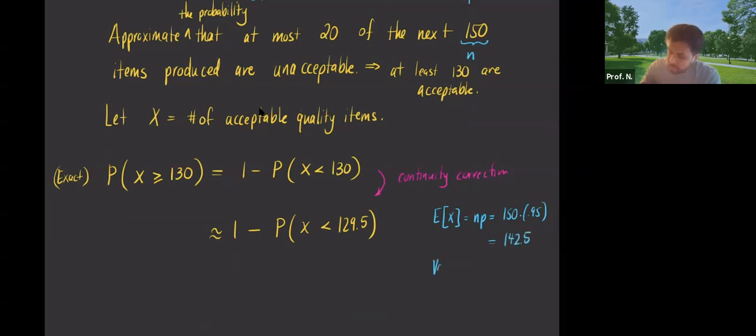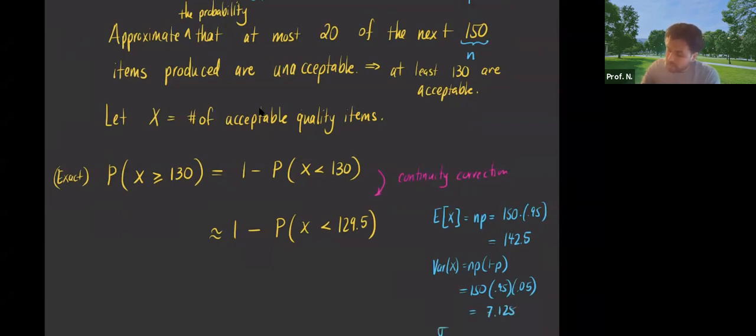And then what's the variance? It's NP(1 minus P), so 150 times 0.95 times 0.05. And I get 7.125.